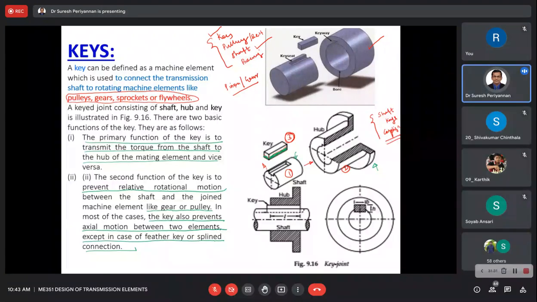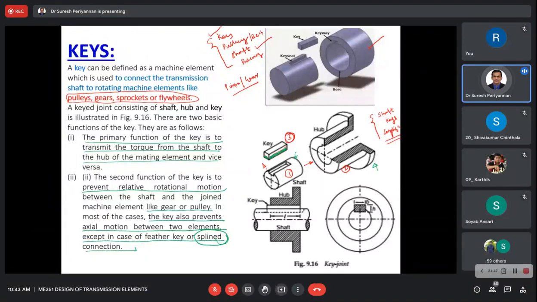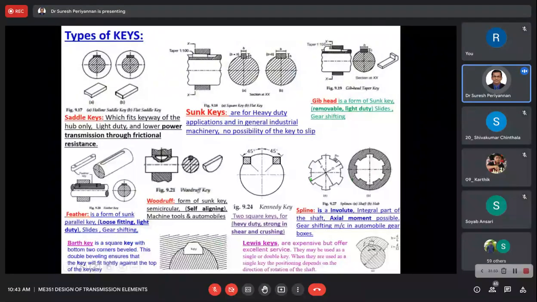The splined connections we use inside the gearbox. They are very useful for changing the gears from gear 1 to gear 5, or from low speed gear to top gear, or back gear. Okay, the splines we mostly use in the gearbox. Now we see one by one.